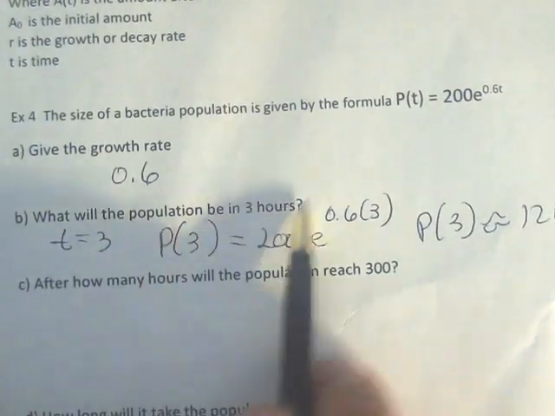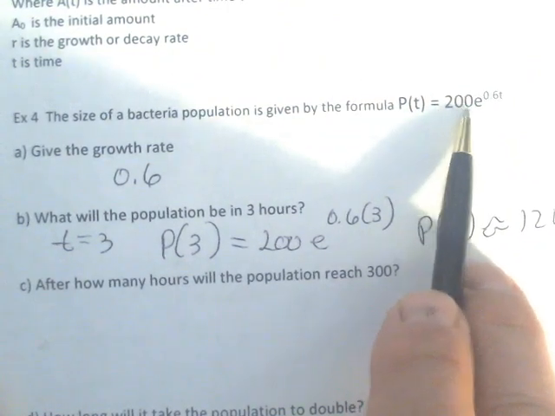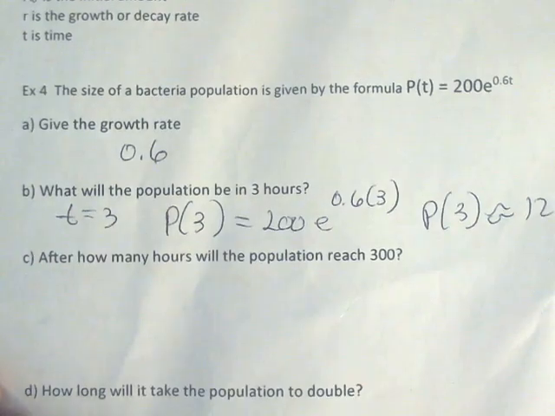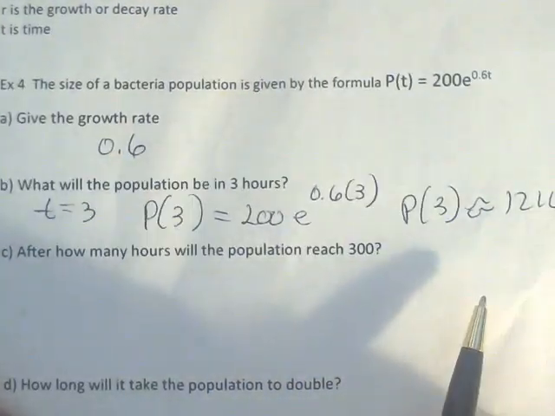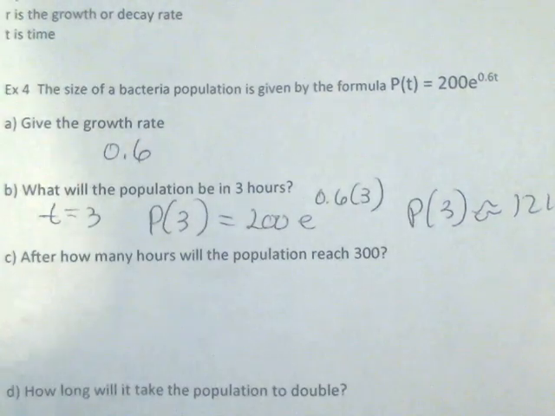So after 3 hours, my bacteria would have grown from 200, because that's my initial amount. I start with 200, and after 3 hours, it's 1,210. So I'll give you time just to make sure that that's all good there.